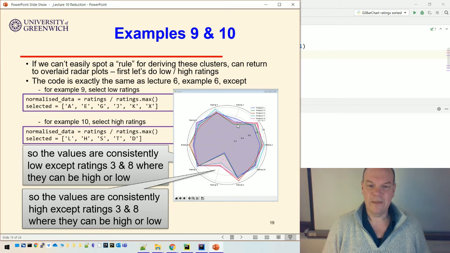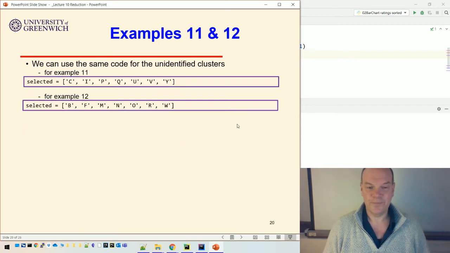So again, if they've got high ratings in ratings 1, 2, 4, 5, 6, 7, 9, and 10, then they go in this high-rated cluster. But the ratings for 3 and 8 don't seem to make any difference. So from what we can see so far, 3 and 8 are not very important to the clustering. They're just like a random value that doesn't make any impact on the clustering.